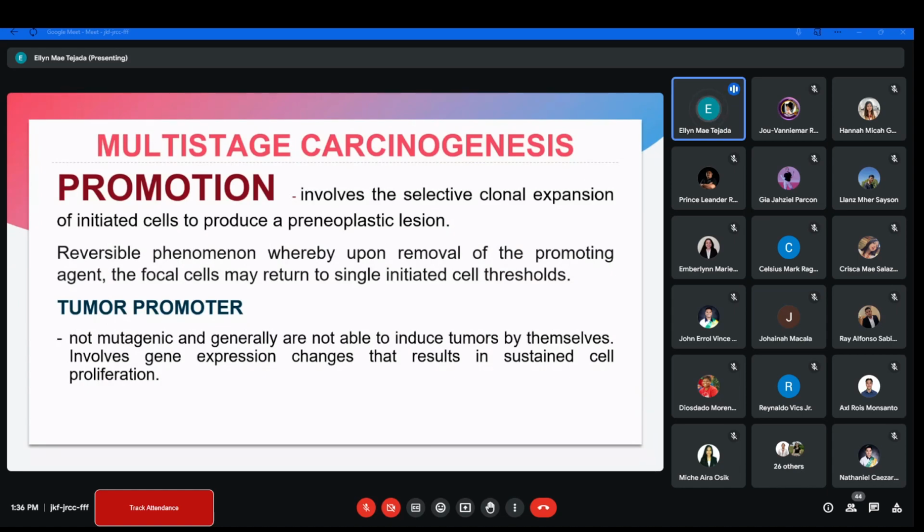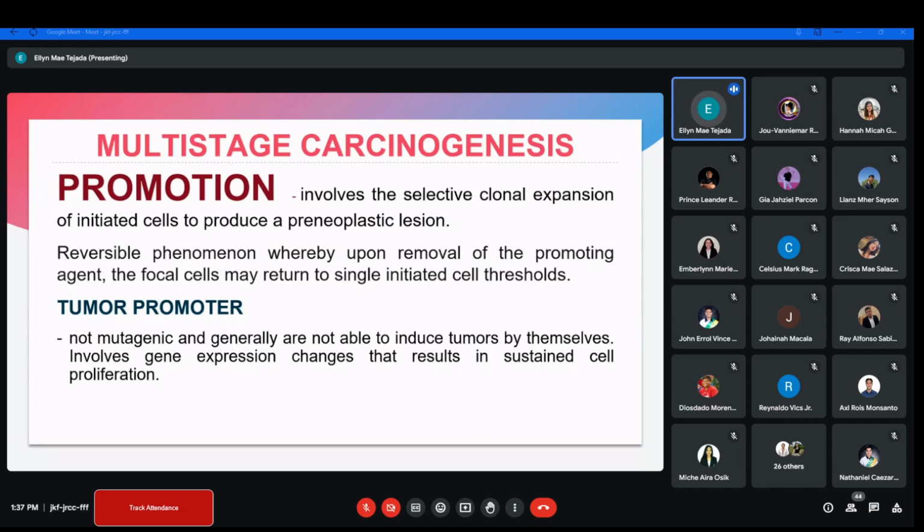So again, let's say for example, if the phenobarbital is the tumor promoter of the liver, it cannot function as a tumor promoter of the skin or the other organs or other tissues. So I hope you get it. So aside from the initiation and then the promotion, from your initiation, it is irreversible, onto your promotion, it is reversible.